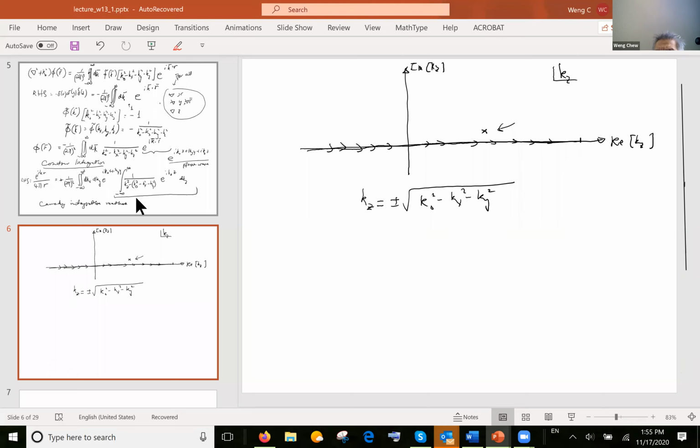That pole location is given by the square root of k0 squared minus kx squared minus ky squared. And then there is another pole that is diametrically opposite to this. If you take the minus sign, you'll be given by this.